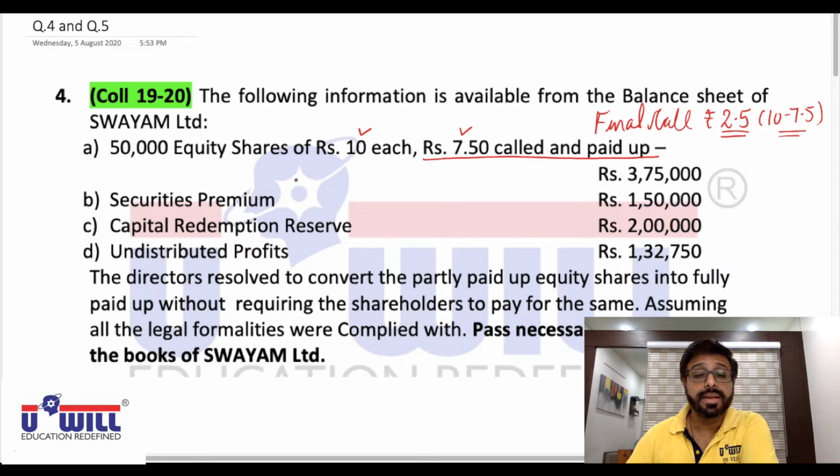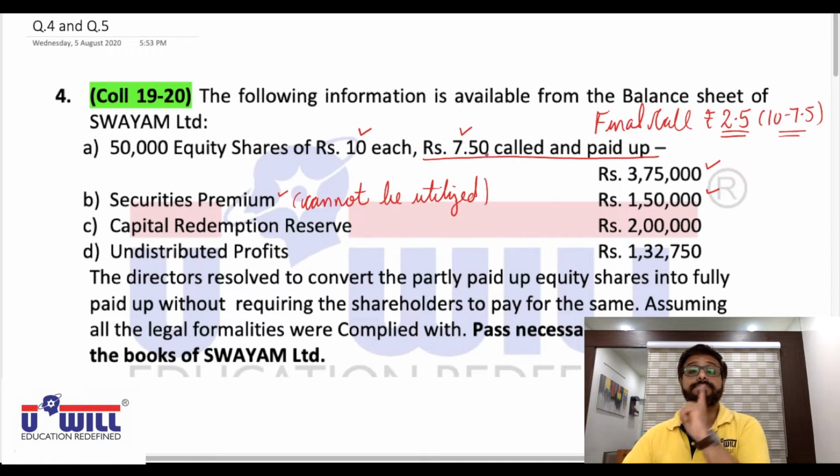Further, 50,000 shares into 7.5, the value of paid up capital is 3,75,000. Security premium we have 1,50,000, but remember, security premium cannot be utilized for partly paid bonus shares.